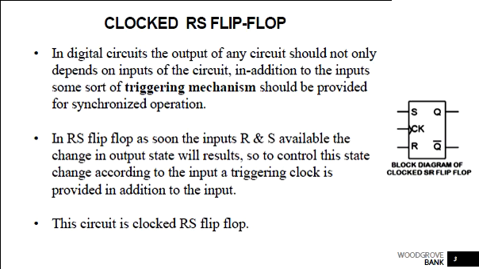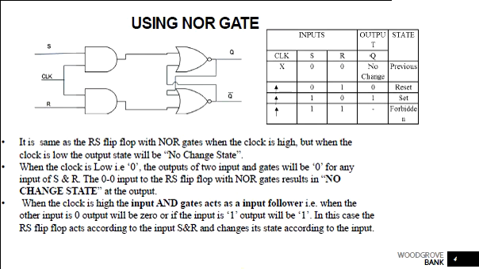For that, we use a triggering clock signal. This kind of flip-flop is called a clocked flip-flop. So this is a clocked RS flip-flop. This is the block diagram or symbol for the clocked SR or RS flip-flop. Previously there were only S, R inputs and Q, Q bar outputs, but there is now a clock enable in this system.